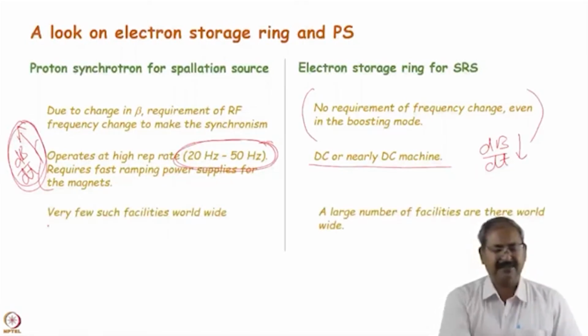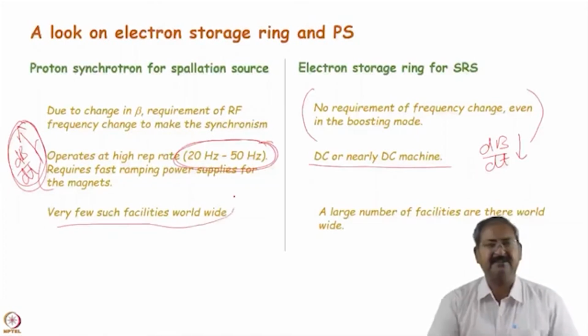Very few facilities are there in the case of spallation sources. Presently operating machines are very few. One is SNS at Oak Ridge in the US, the other is ISIS in the UK, and one is J-PARC in Japan, and one was recently commissioned in China, and one is under construction, that is the European Spallation Source.